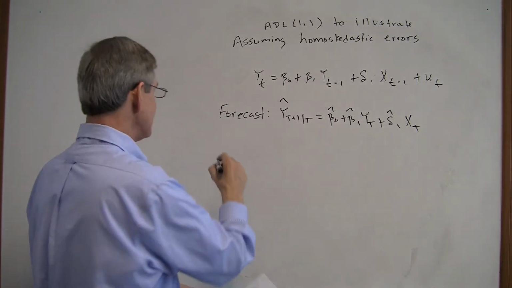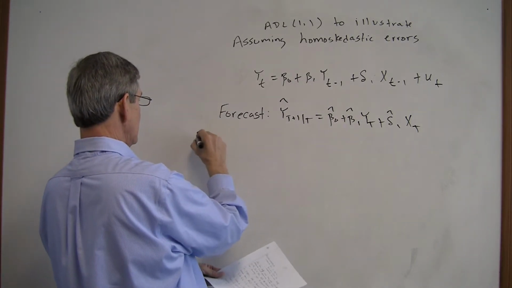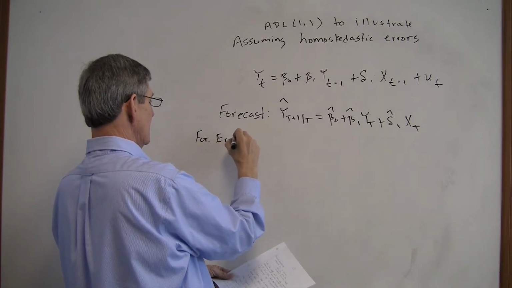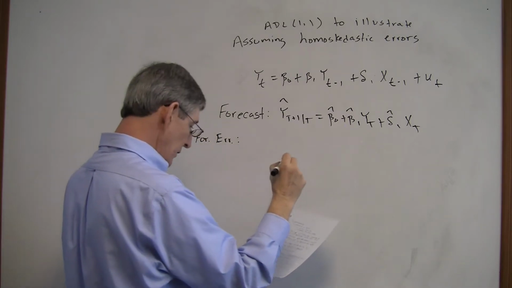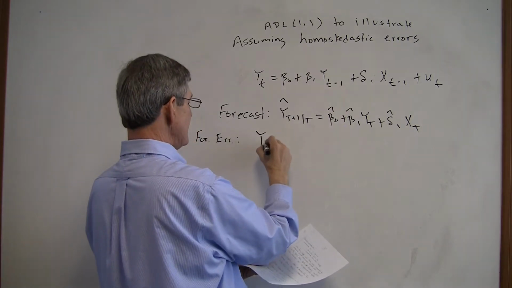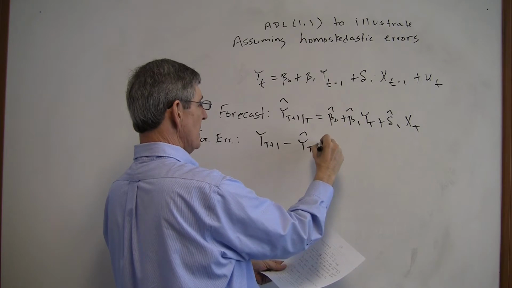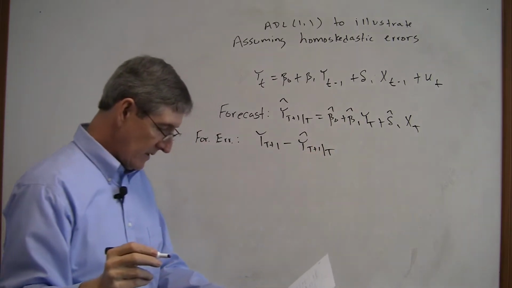So then the forecast error would be what? It would be y_{t+1} minus y hat_{t+1|t}.